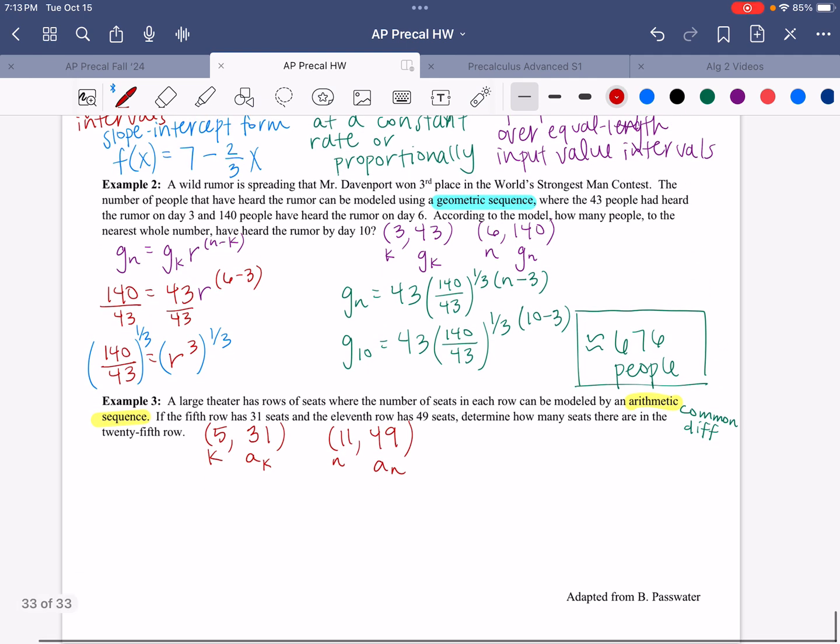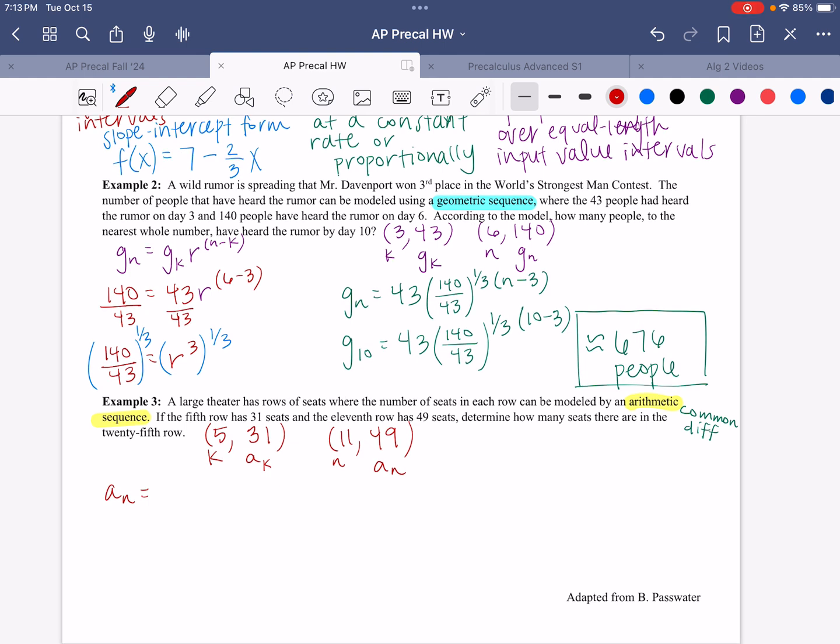So my formula for any 2 points or any 2 terms in an arithmetic sequence is a sub n equals a sub k plus the common difference times n minus k.